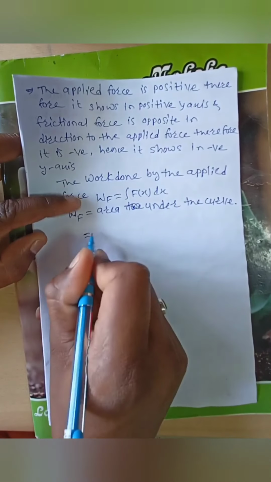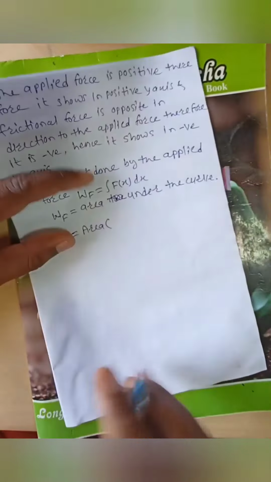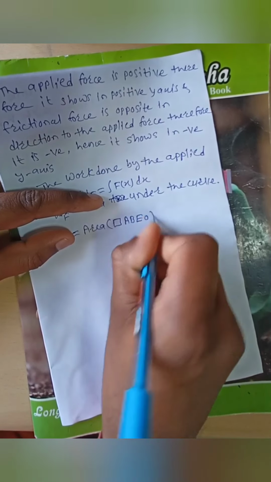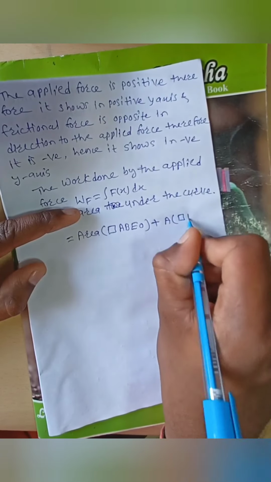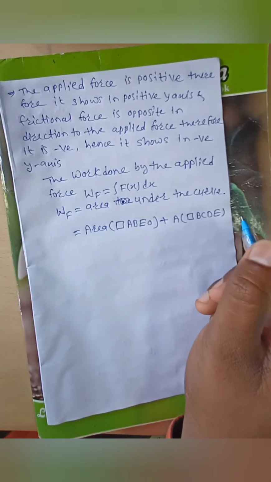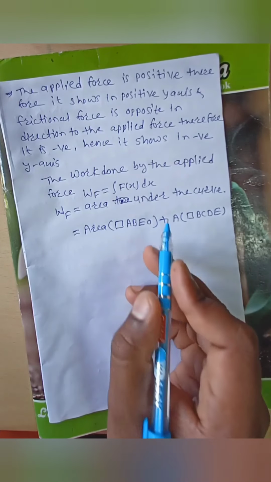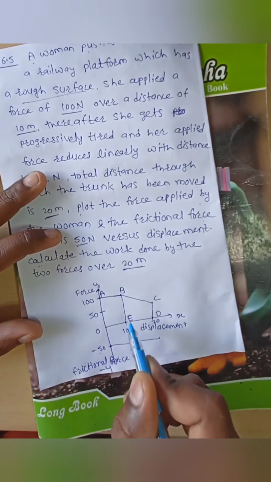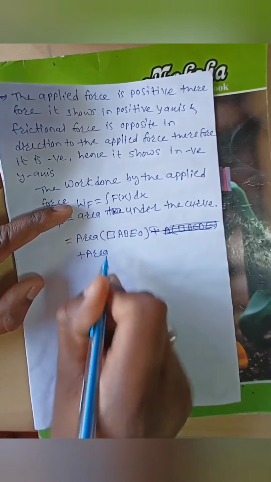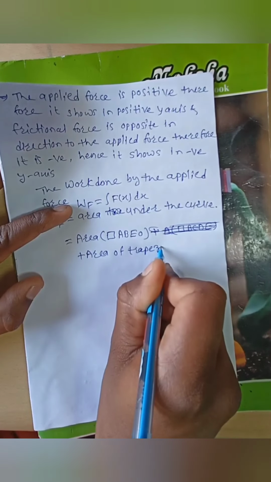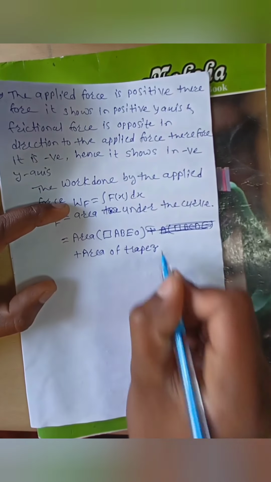Therefore, work done by the force is equal to the area of rectangle ABEO plus the area of trapezium BCDE. Now this is the trapezium BCDE.